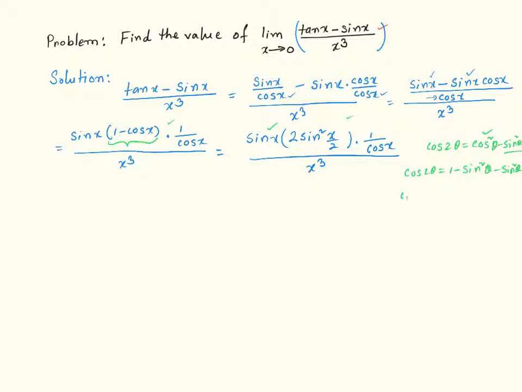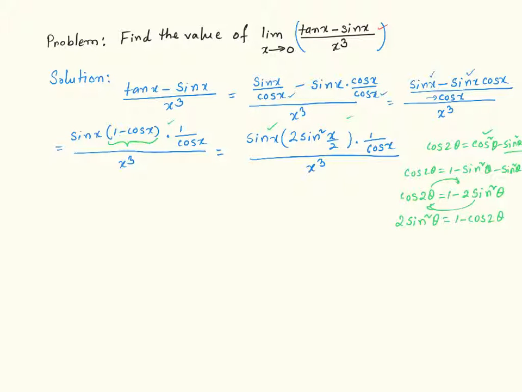If I simplify it further, cosine of 2 theta is equal to 1 minus 2 sine squared of theta, right? Now I'm going to move the 2 sine squared theta to the left, and move this guy to the right. So that's going to give me 1 minus cosine of 2 theta.